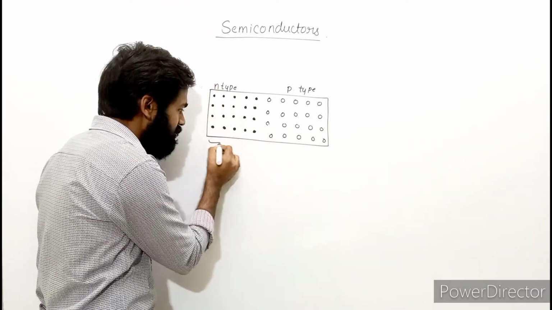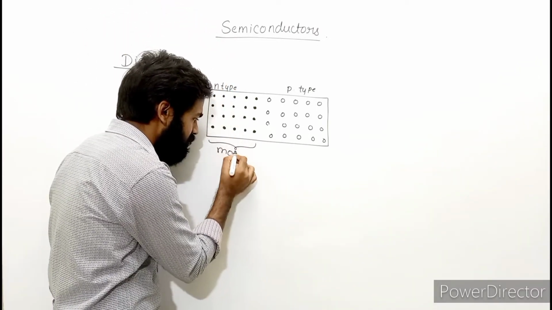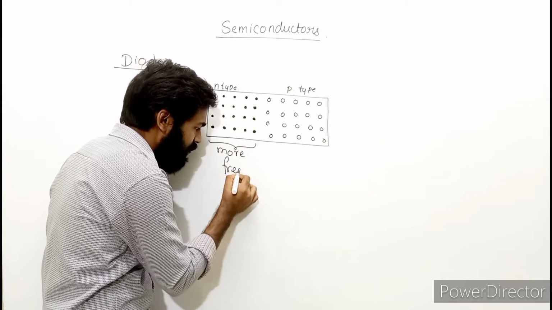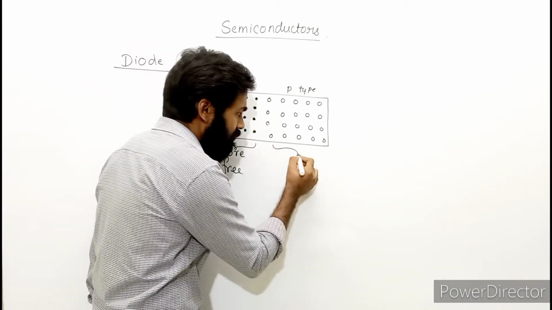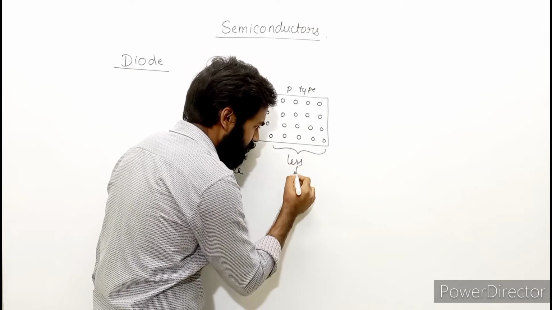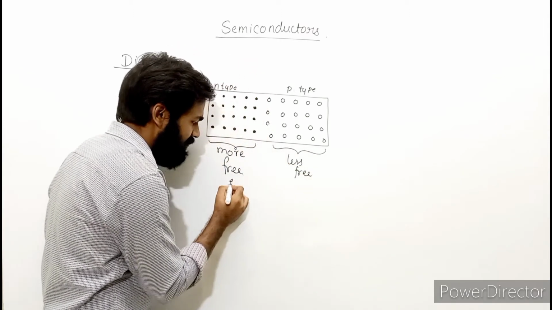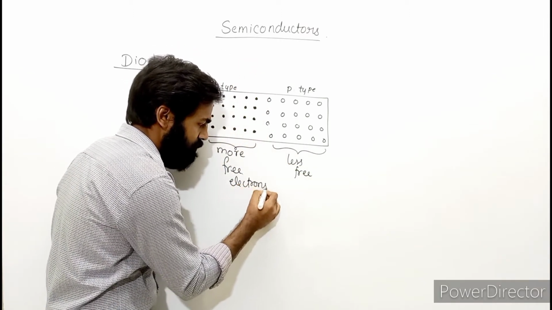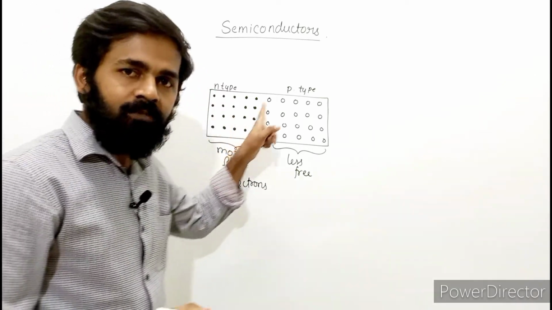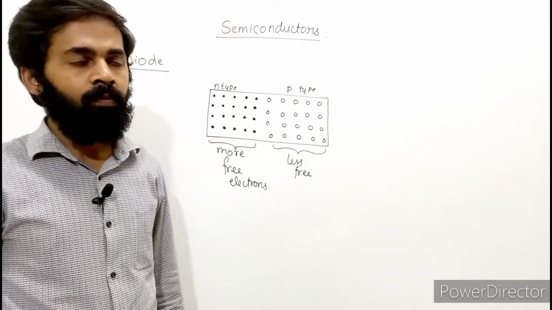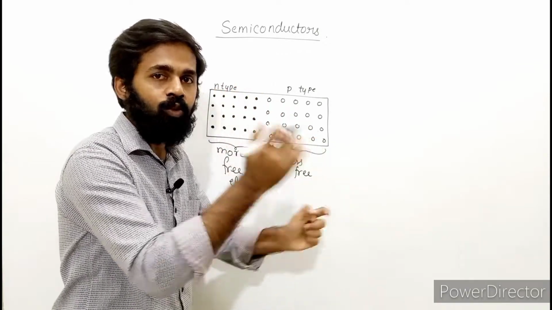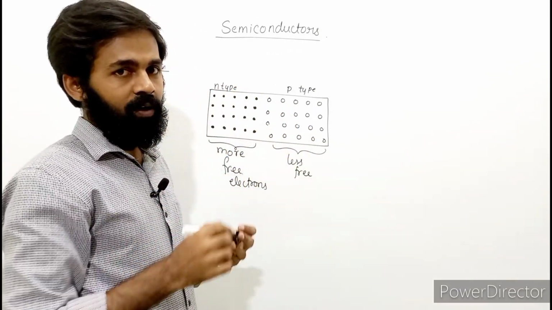Here you can see there are more free electrons, and here we have less free electrons. It means there is a difference between the concentrations of both electrons as well as holes. So now what happens?